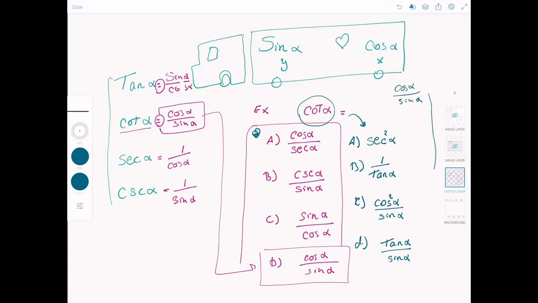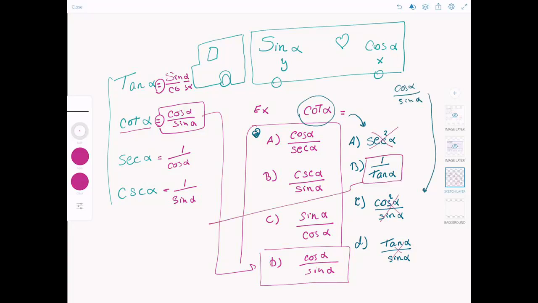But when you look at the options, it's not there. So your job is to simplify and find which one gives you cosine over sine. Definitely secant squared doesn't give me any fraction. This is out. This is out. I mean, this is just made up. The only option is 1 over tangent of alpha.